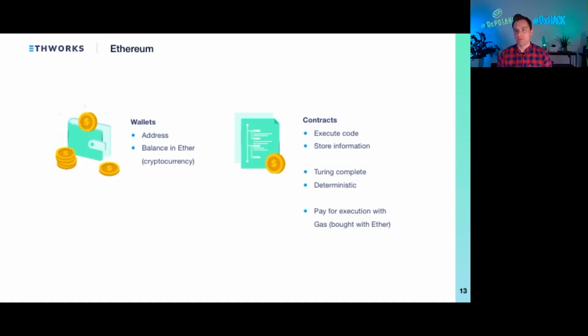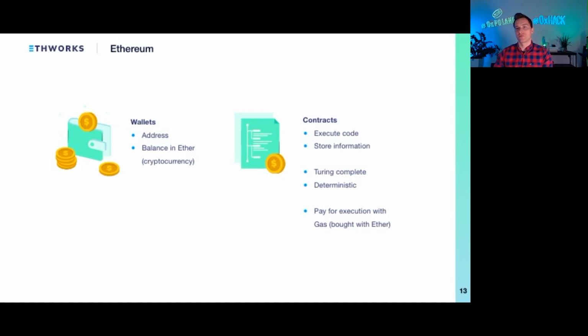And they are deterministic. So the contract will always give the same result no matter what computer it is run on. And I can send a transaction to a contract, and the transaction can just increase the balance of the contract, but I can also request the contract to do something for me. So I can call a function of the contract.